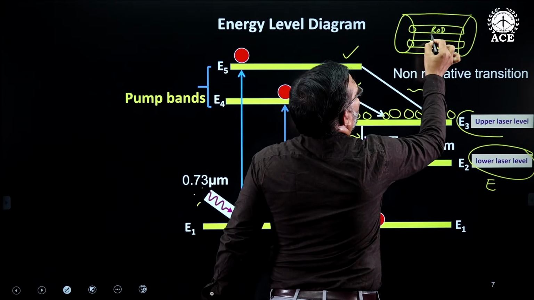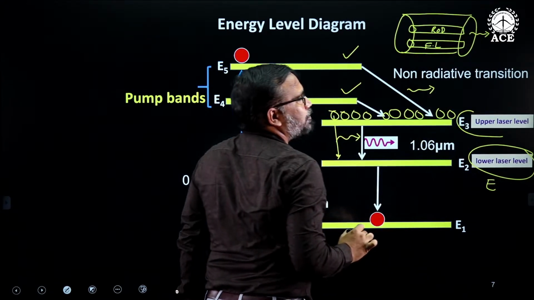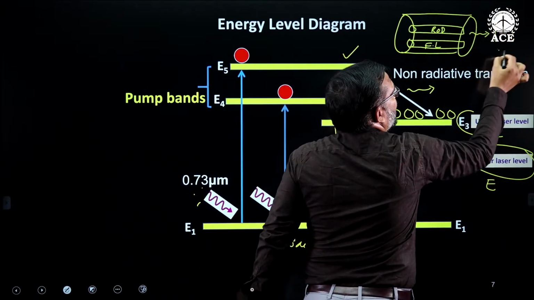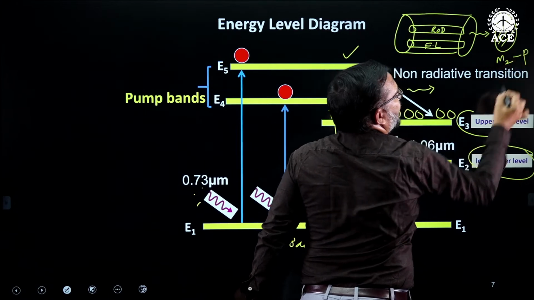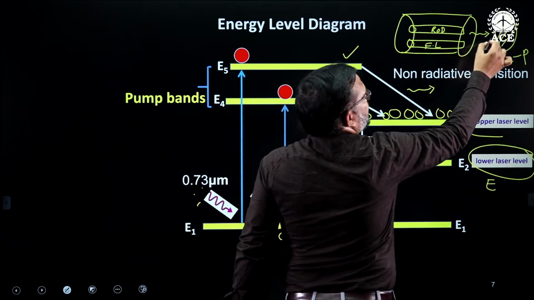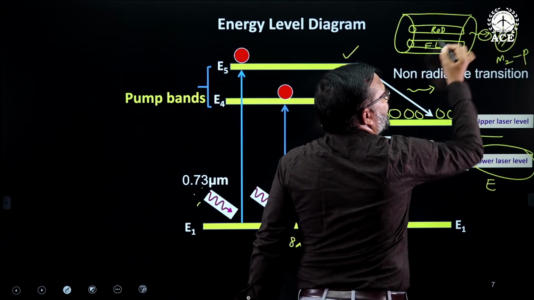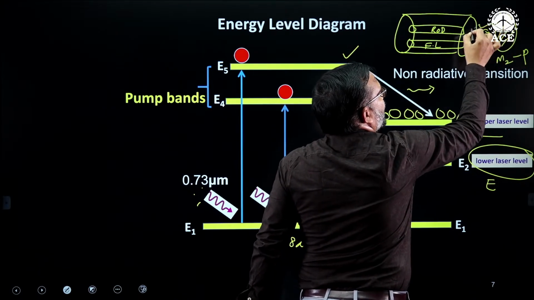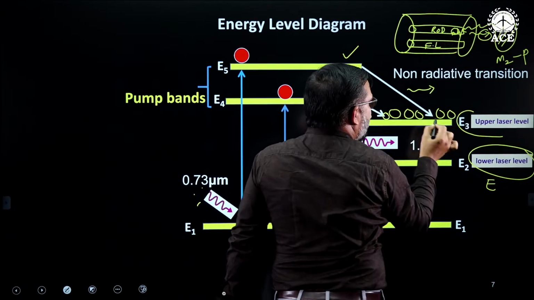So we got one spontaneous photon. It is moving towards the partial reflector, M2. It wants to come out from the partial reflector, but it won't come out because its energy is very less. Now it reflects back and interacts with the neodymium ion present in this level.